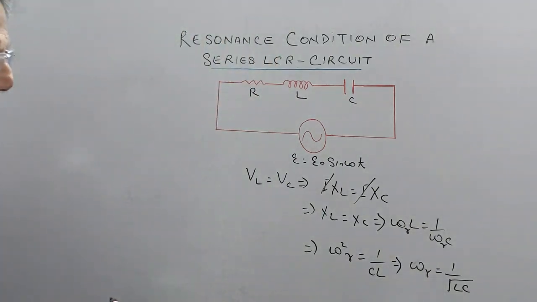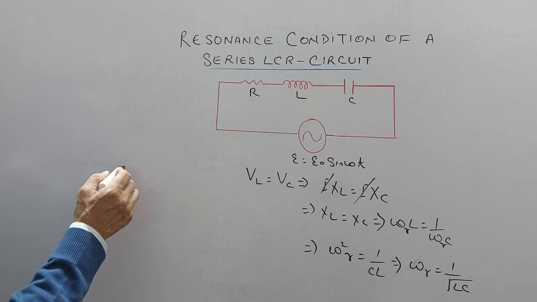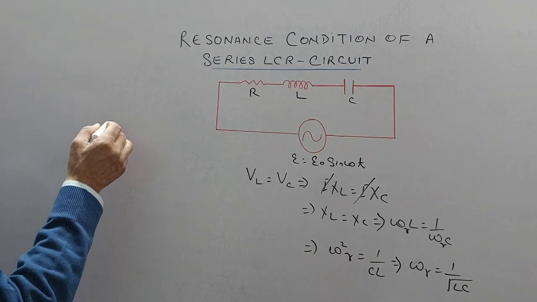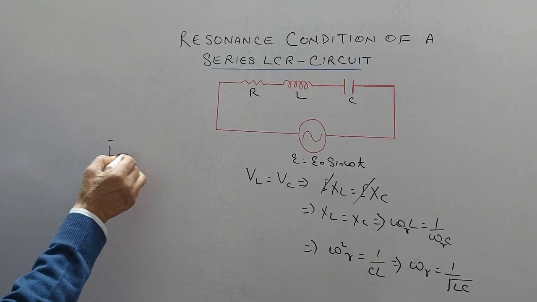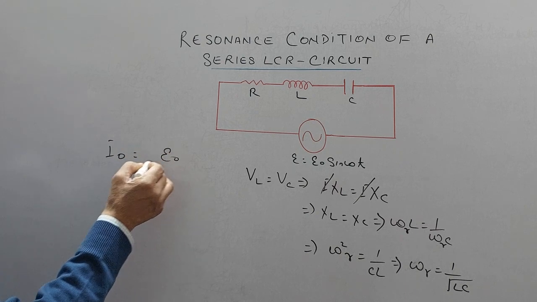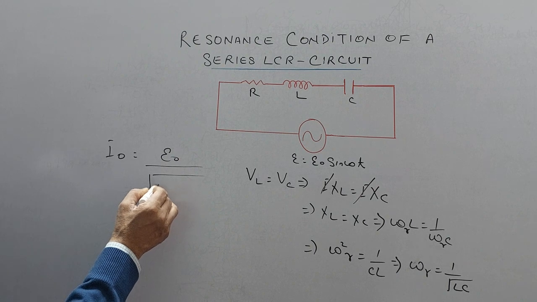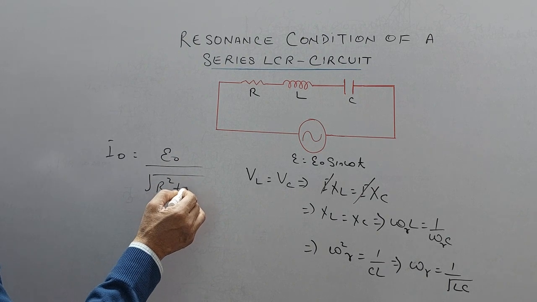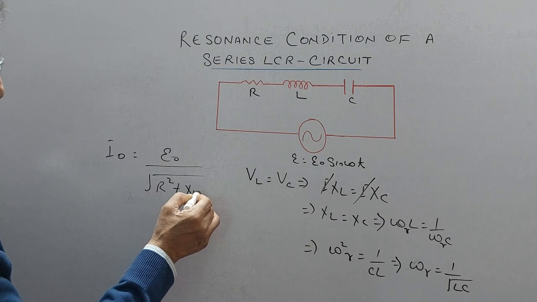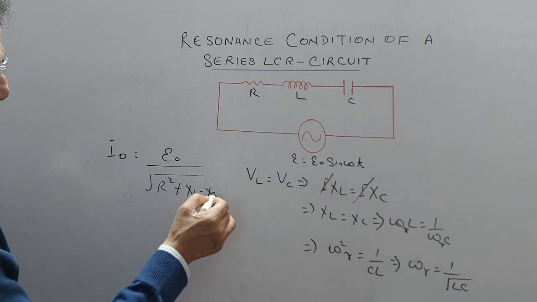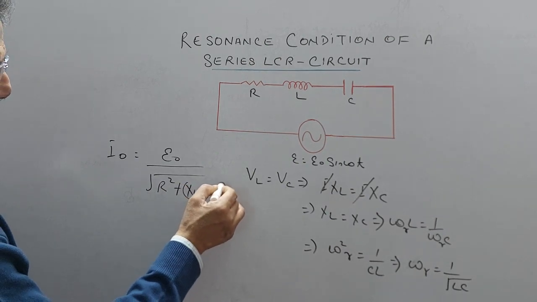The maximum current amplitude I naught is equal to the voltage amplitude divided by the impedance. Here the impedance is the square root of R square plus (XL minus XC) square.